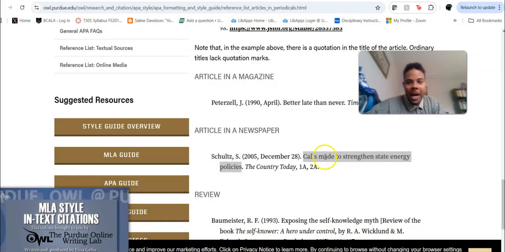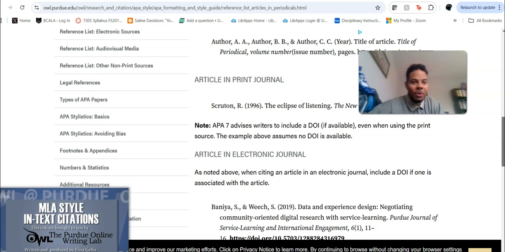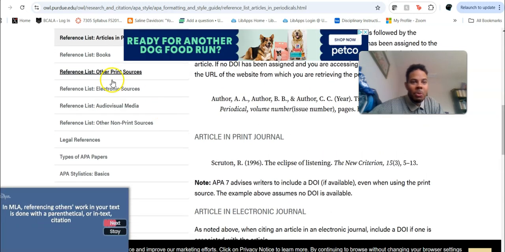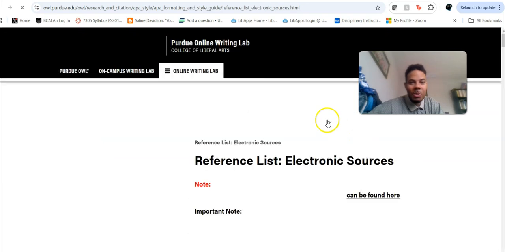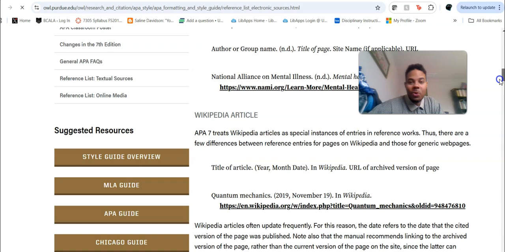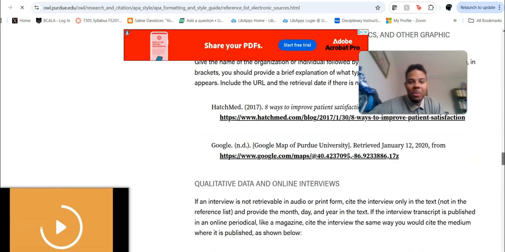Now I will say I am actually going to give you all grace, and I'm only going to be checking for correctness with the article and the book titles. But when it comes to your reference list and websites and that sort of thing, the websites get so confusing that even though I want you all to learn this and do it right, I do give a little bit of leeway.